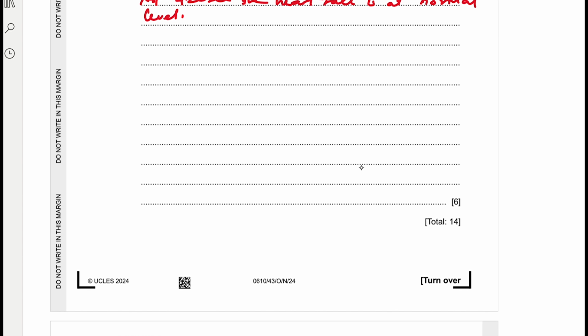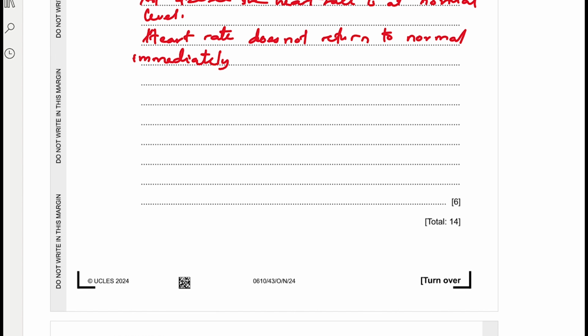So again we'll say the heart rate from the diagram does not return to normal level immediately, so that more oxygen is allowed into the body, so that someone breathes in rapidly and gains more oxygen.